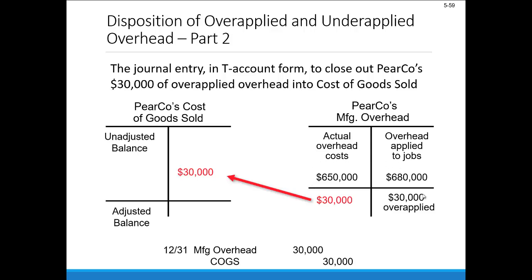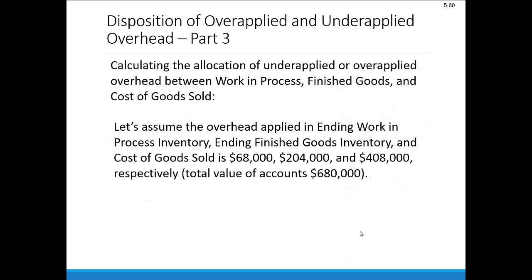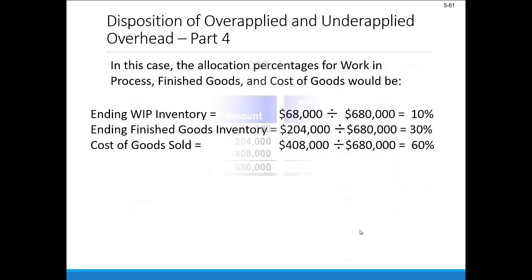Whatever this unadjusted balance is, in the case of Perco, it was 30,000 on the credit side. We just need to do the opposite to it to get it to zero. Overhead's a control account and needs to be a zero balance at the end of the month. Then we'll worry about whether we're closing it all to cost of goods sold or splitting it up proportionally between work in process, finished goods, and cost of goods sold.